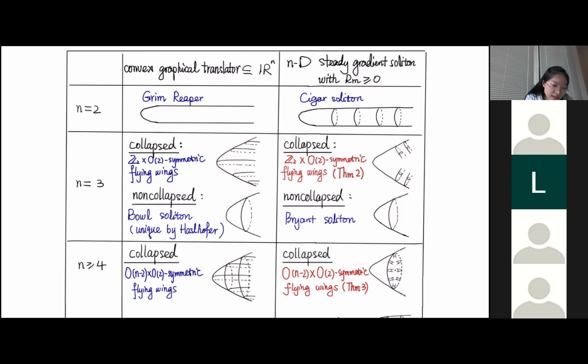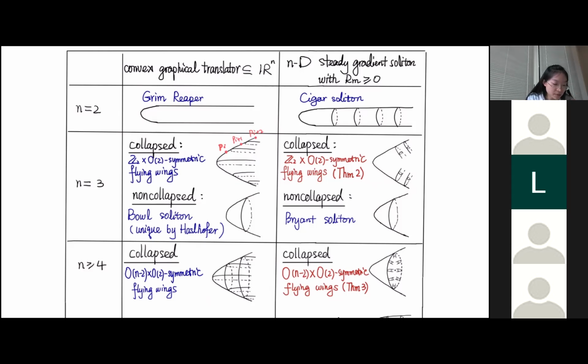And if you take a sequence of points going to infinity along the edges of the wing, and you take a limit of this pointed manifold, then you get a Grim hypersurface, or actually a tilted Grim hyperplane, a tilted Grim hypersurface. Okay, so now you see the Grim Reaper as an element in this kind of asymptotic behavior.